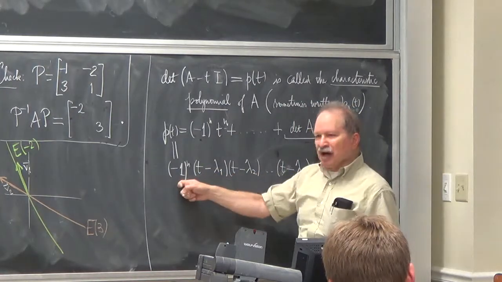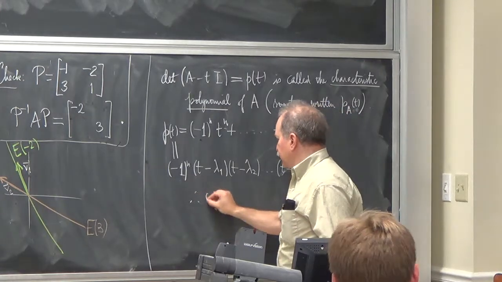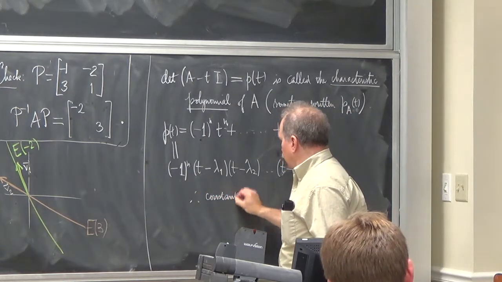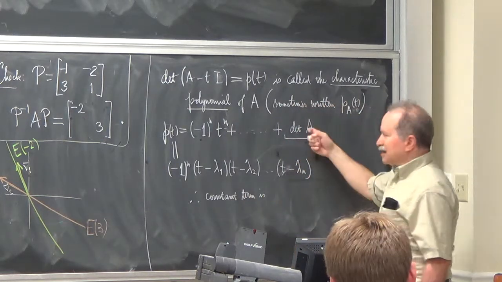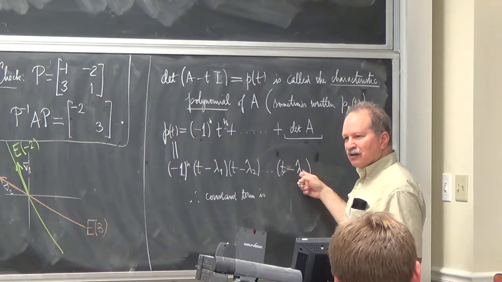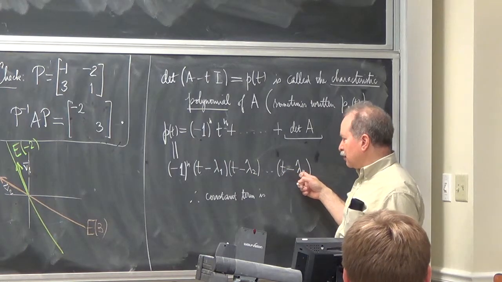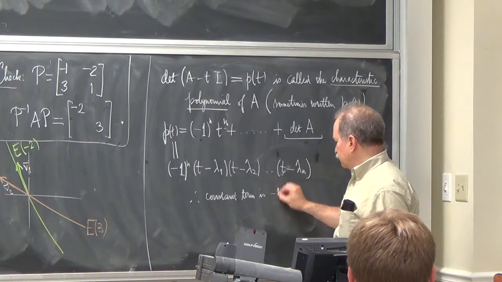So I still need my minus sign in front. So what's the constant term? Well, we said it's the determinant of A, but in terms of the lambdas, it's negative 1 to the n times the product of all of them.